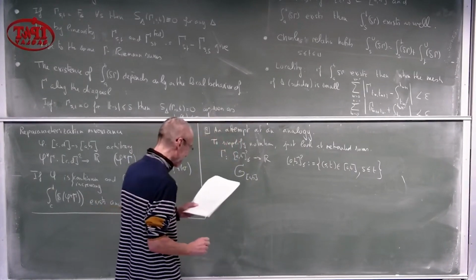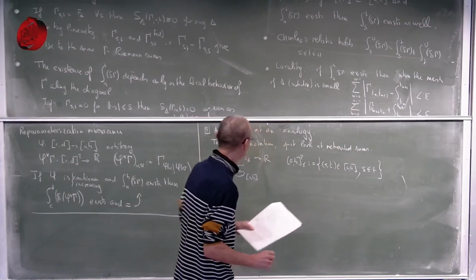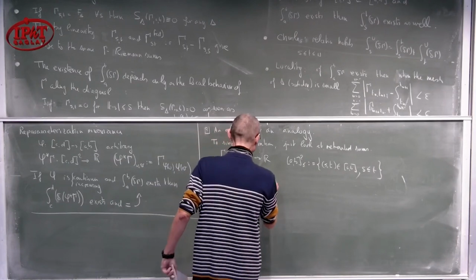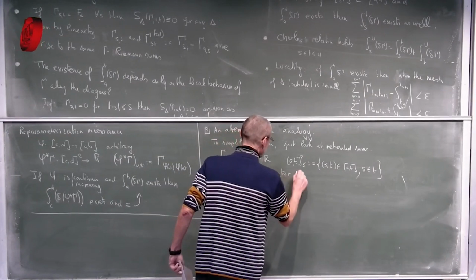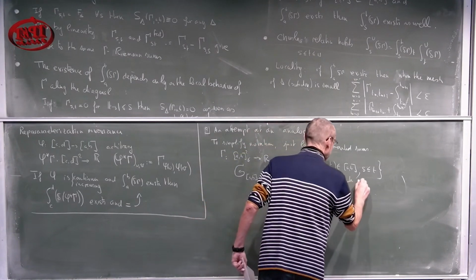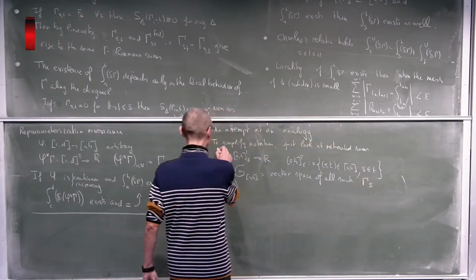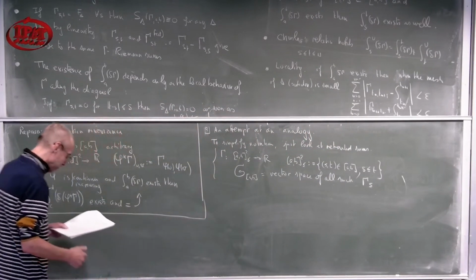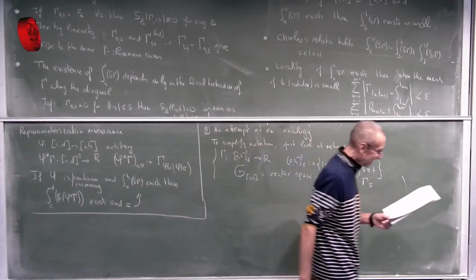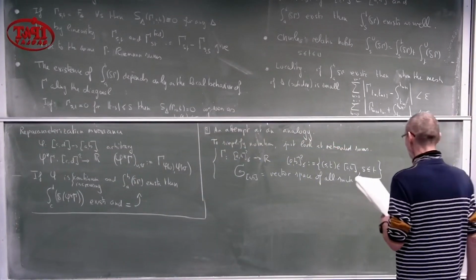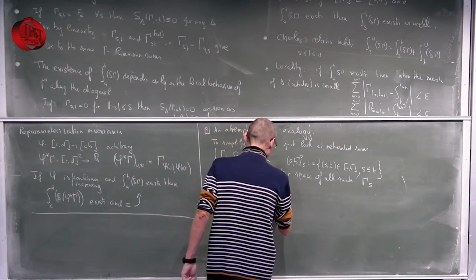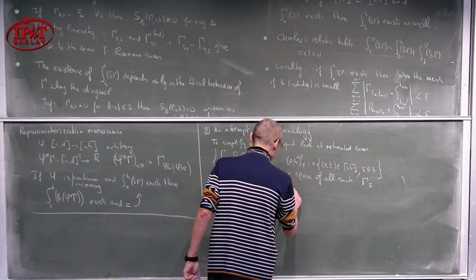I'm not even able to say which letter it is, but I guess it's a Gothic G. It's the vector space of all such gammas. It's a vector space, but you can also multiply, so it's an algebra. Okay, it's not so important.